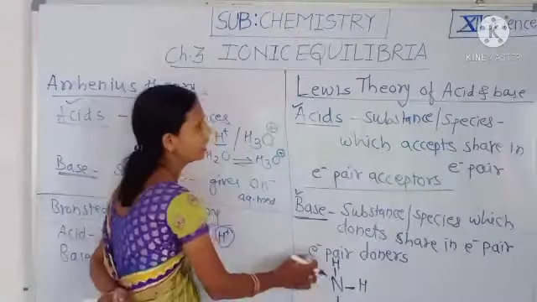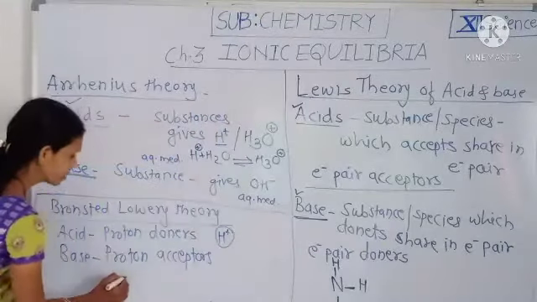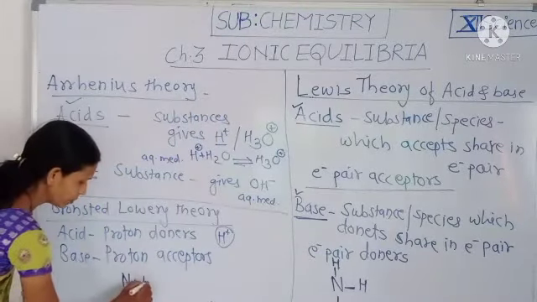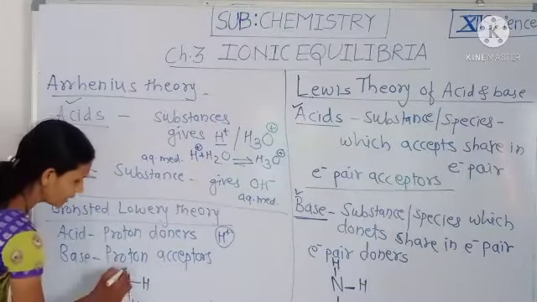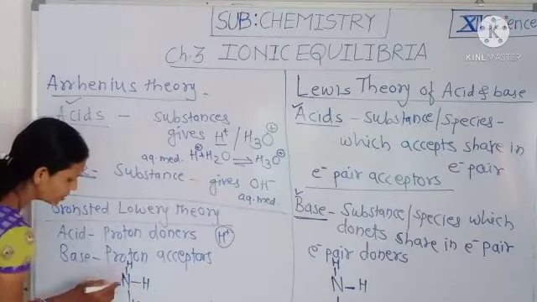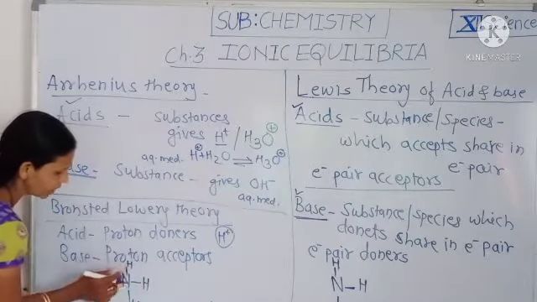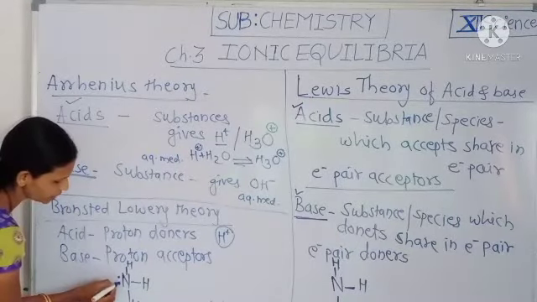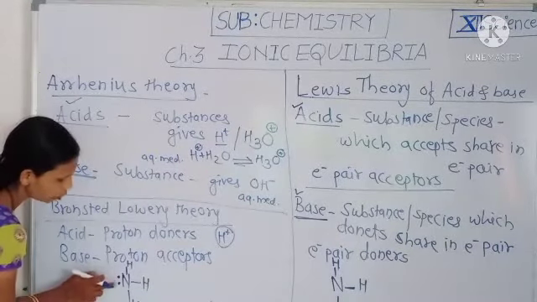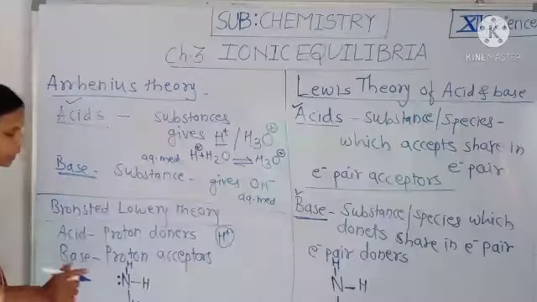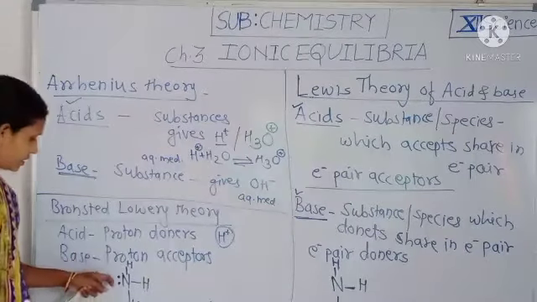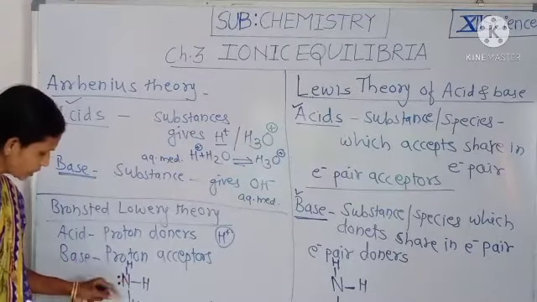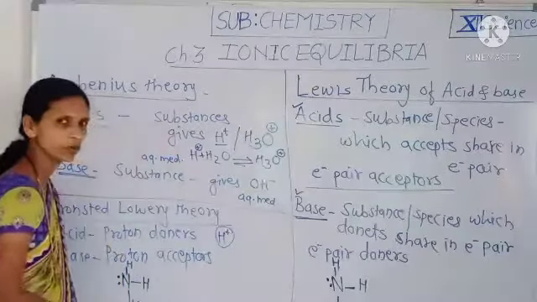In ammonia, nitrogen has 3 valencies, and when the 3 valencies of nitrogen are completed, it still contains a lone pair of electrons on nitrogen. All of you have studied this.